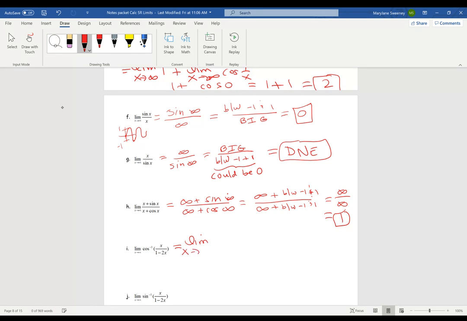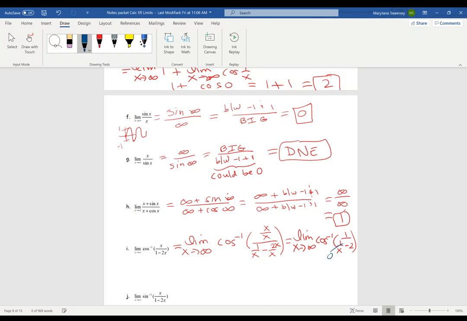Limit as x approaches infinity of inverse cos of x over x, 1 over x, minus 2 over x. This is the limit as x approaches infinity of inverse cos of 1 over... oops, sorry, this was 2x over x, so that's minus 2.